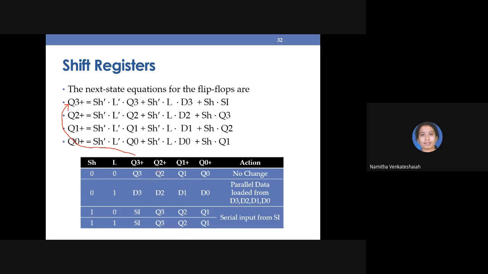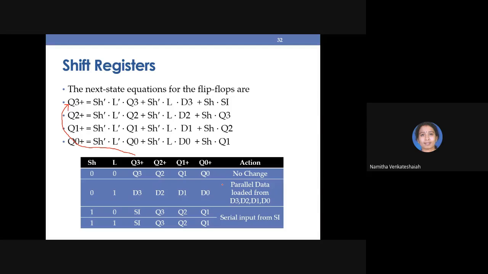Q2 plus is SH' L' Q2, plus SH' L D2, plus SH Q3. Similarly, you can obtain Q1 plus and Q0 plus.